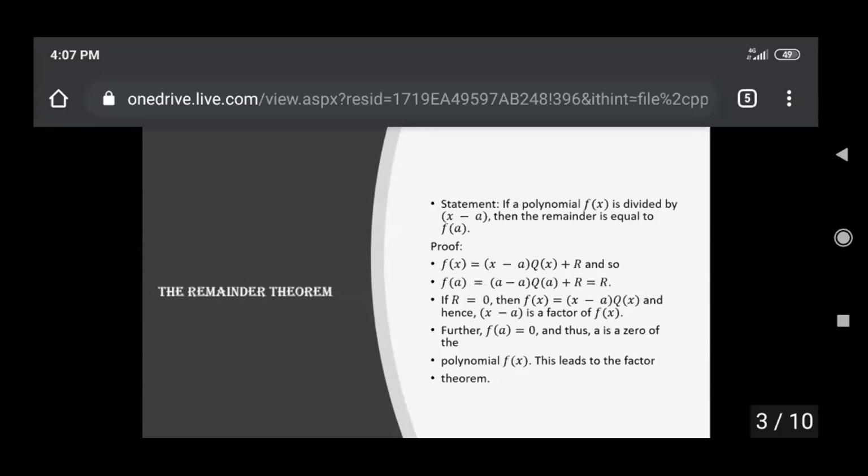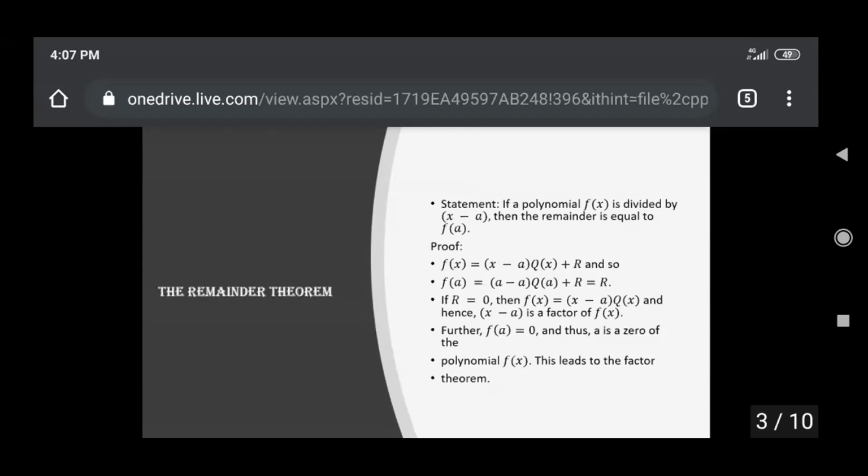And I am assuming that you know the division algorithm, that is, dividend is equal to divisor into quotient plus remainder. The remainder theorem is used to get the remainder of a polynomial equation. The statement is: if a polynomial f of x is divided by x minus a, then the remainder is equal to f of a.